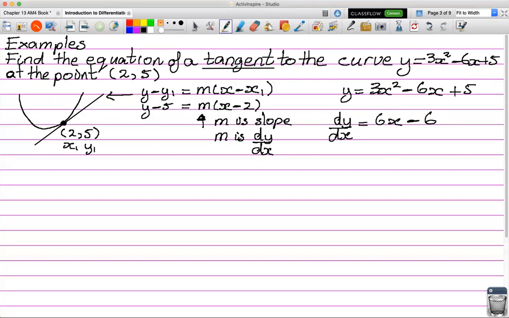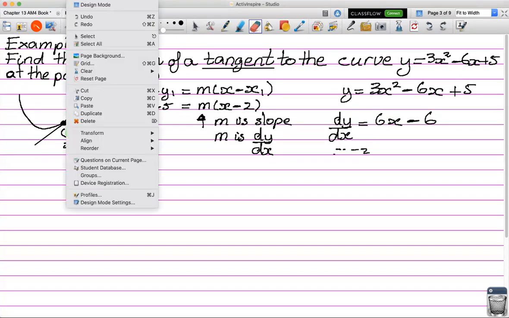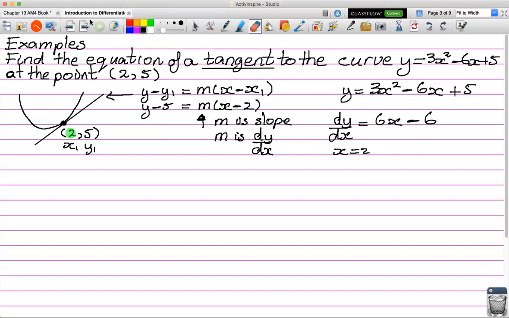What value of x do we have for this slope? The value of x we have is x equals 2. So now what we're going to be doing is we're going to find dy dx when x is equal to 2, which is got from over there on the left-hand side. I'll highlight it so you know where I've pulled it in from.